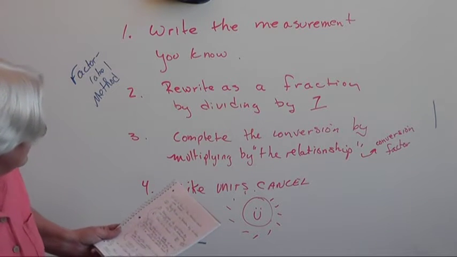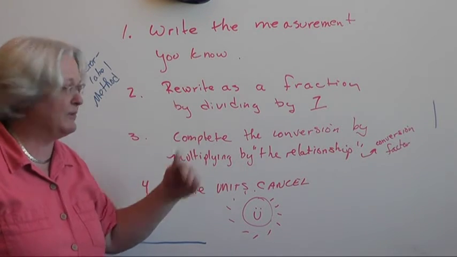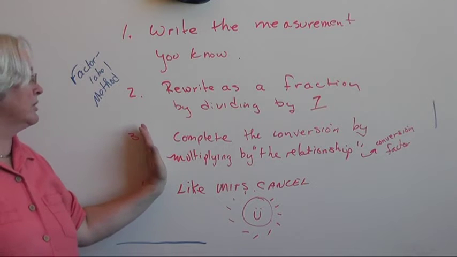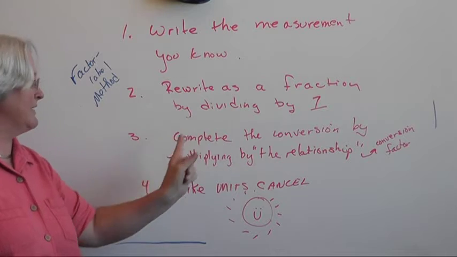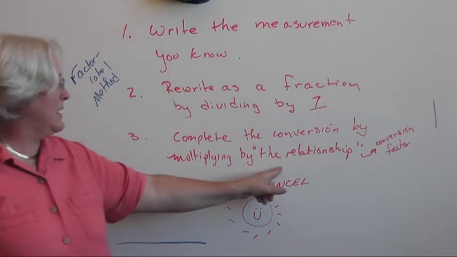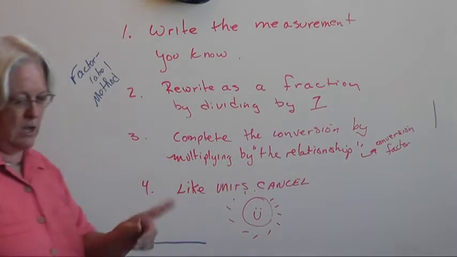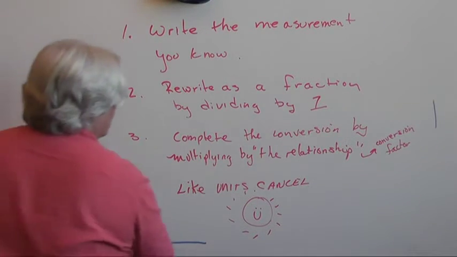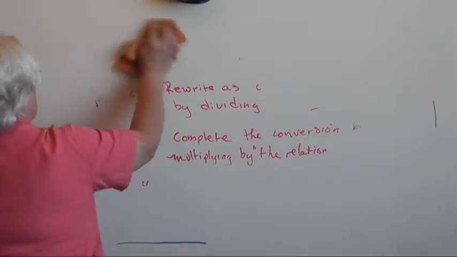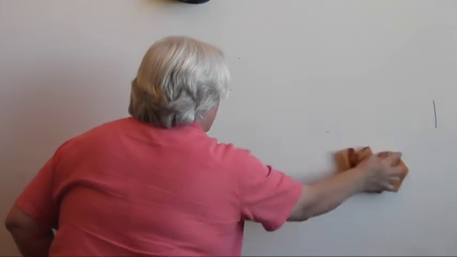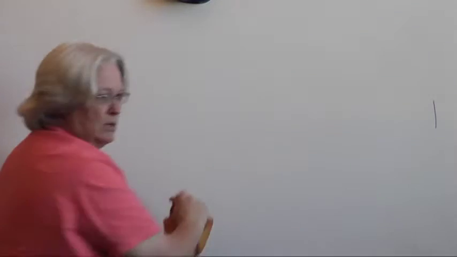And what I want to go ahead and tell you now is this. It says write the measurement you know, make sure that it looks like a fraction by dividing it by 1. And then we're going to complete the conversion by taking your original measurement, written as a fraction, and multiplying it by this conversion factor. And I'm going to tell you something that you can write that tells you exactly what the conversion factor is and what you're going to be looking for. And this is why you have to know all of those relationships on that prefix chart that we did.